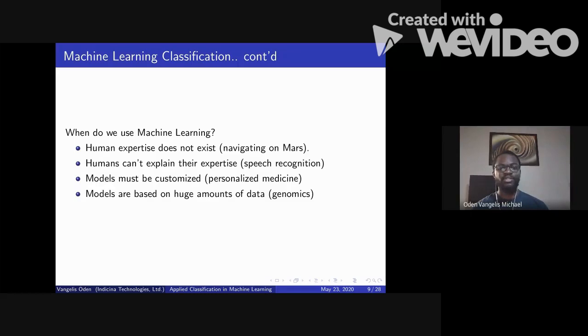So models are based on huge amounts of data. When you are in industry, you would find that there is tons and tons of data running in terabytes, running in exabytes, as a matter of fact. And many of that data is useless to a lot of people because they do not understand the techniques, the methods that could draw insights from all of that data.